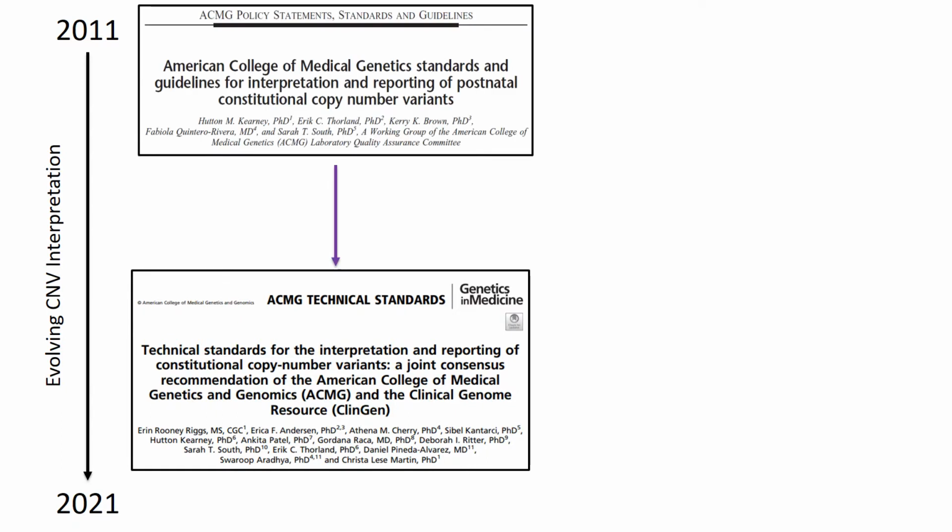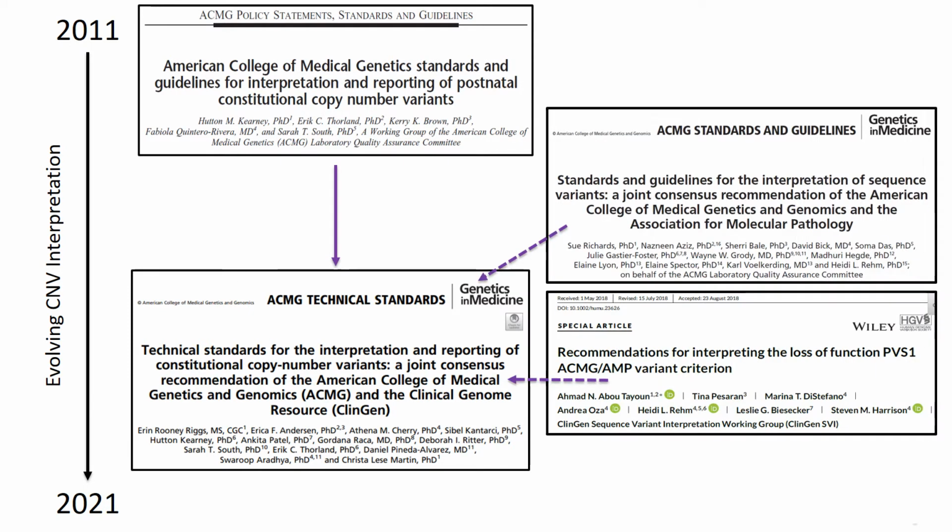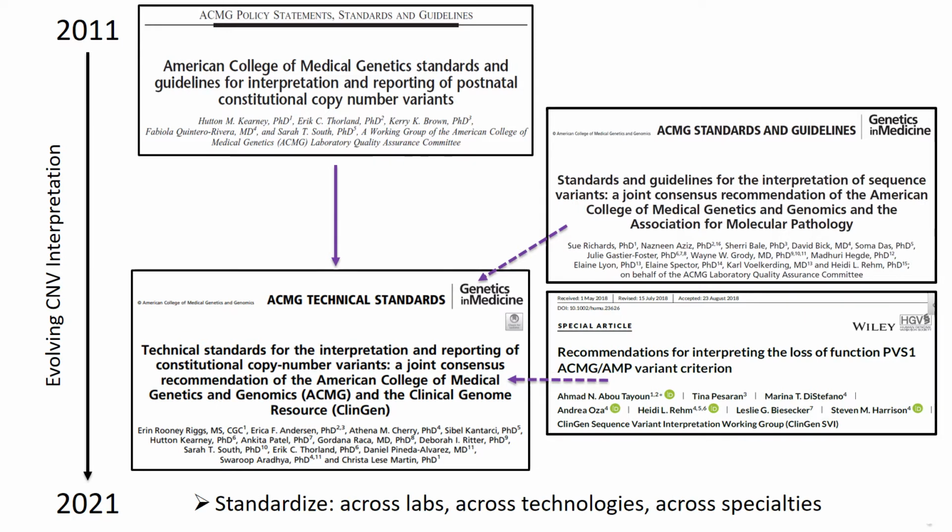For those of you familiar with genomic microarray testing, this new set of standards was built using the original 2011 ACMG guideline as a foundation, and incorporates aspects of new frameworks developed analogously for sequence variant interpretation. Ultimately, these new guidelines aim to standardize classification and reporting practices across labs, technologies, and genetic specialties.